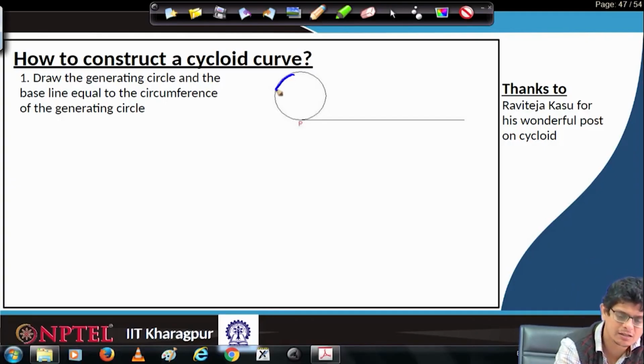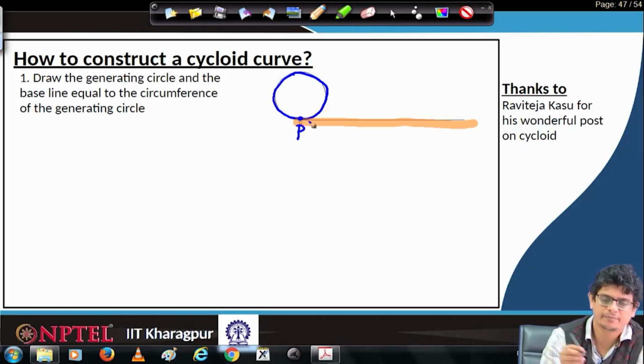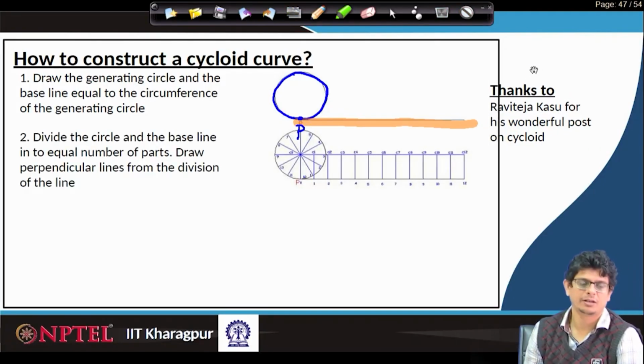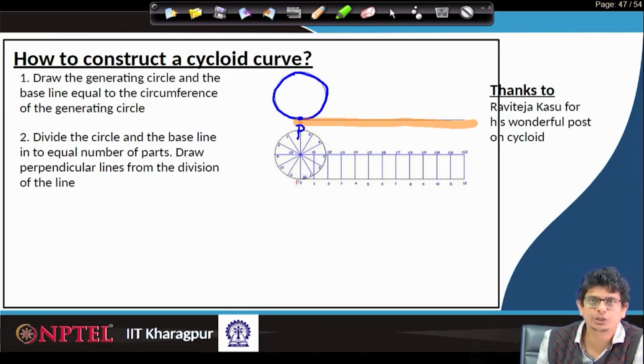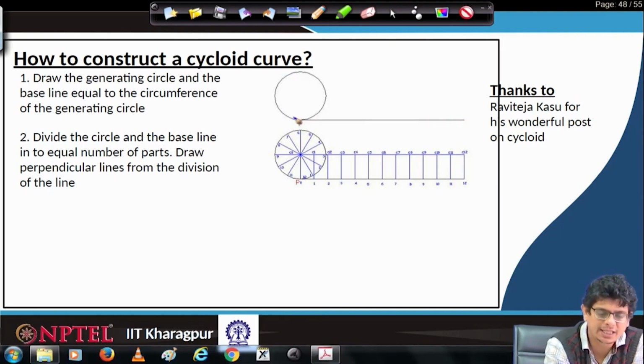Our generating circle is this, and this is rolling on this base line, and then we locate a point P and track the motion of this point P. For that, what we do is divide this entire circle into 12 equal parts. In that way, we make 12 equal parts, and we name them 1, 2, 3, 4 and so on, all the way to 12.